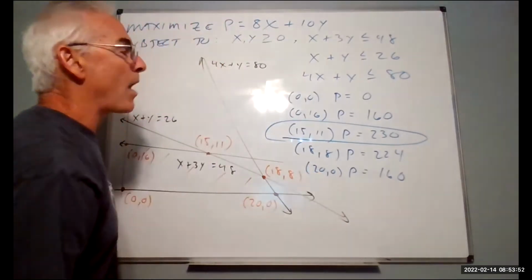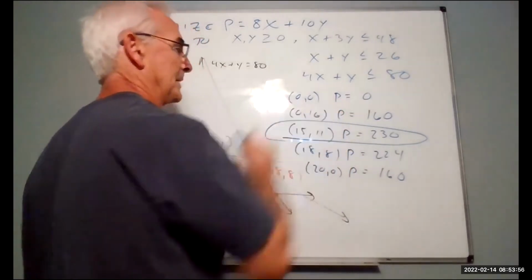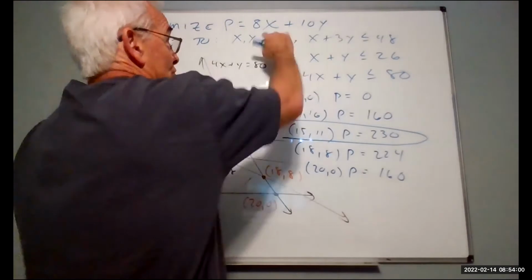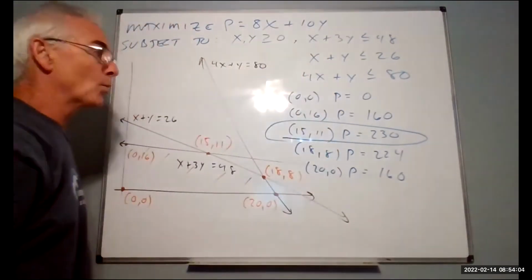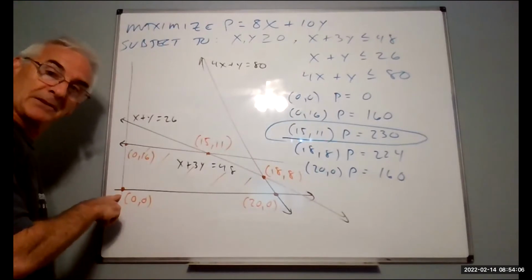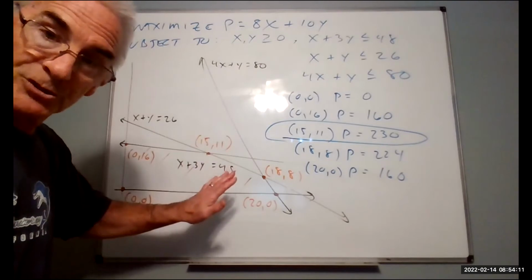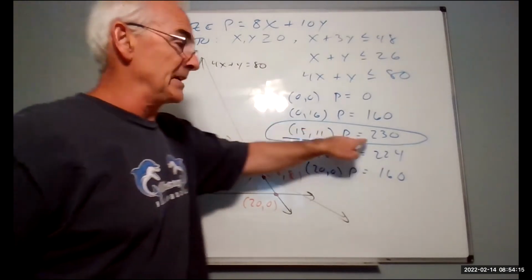And what if I made the Y coefficient huge compared to the X coefficient? Then maybe that one's the best. So it doesn't matter which one you choose. You just choose the one that this is maximized by, which could be any of these. Worst case scenario is I didn't produce anything, so that was 0. So this is the basic baby algebra approach. And notice that the answer came from (15, 11), and the profit was 230.